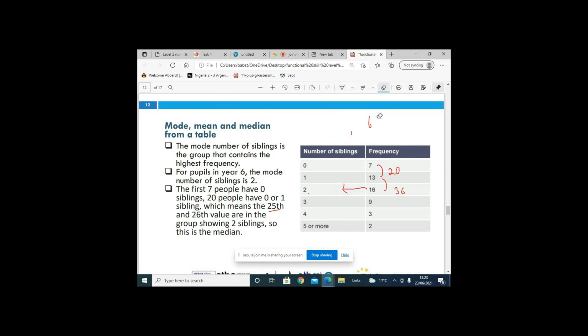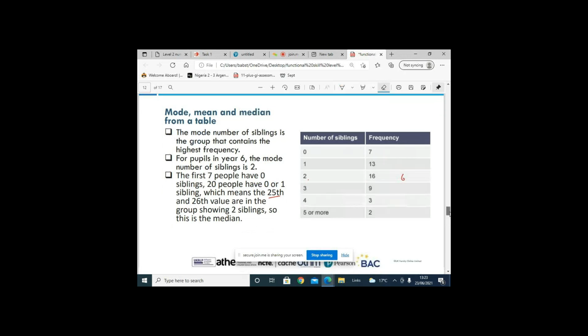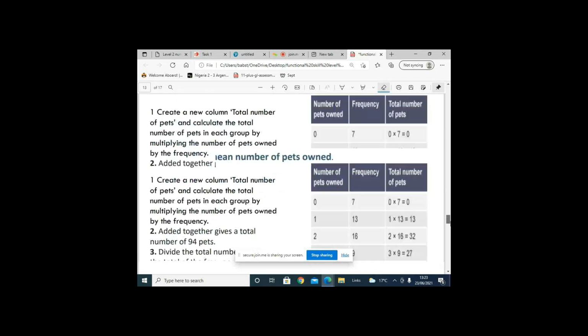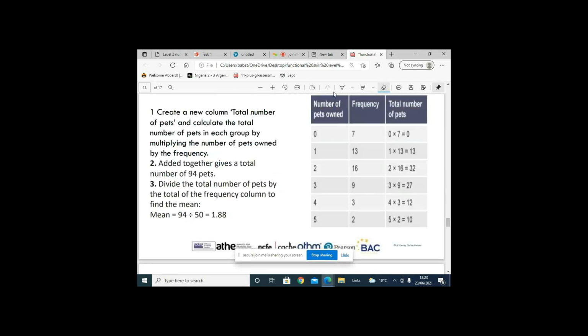So another one is, let's now find the mean. For you to find the mean, what you need to do is this. When you have the frequency table this way, this is common for Functional Skills and in the calculator test.